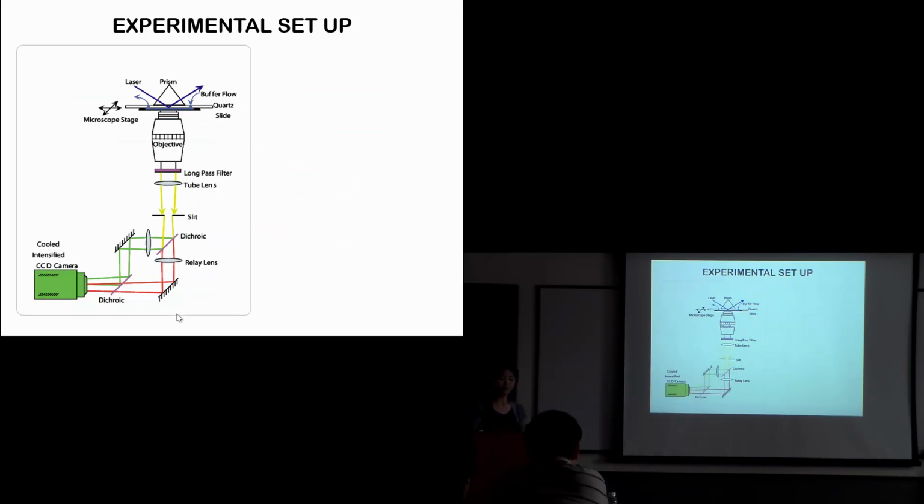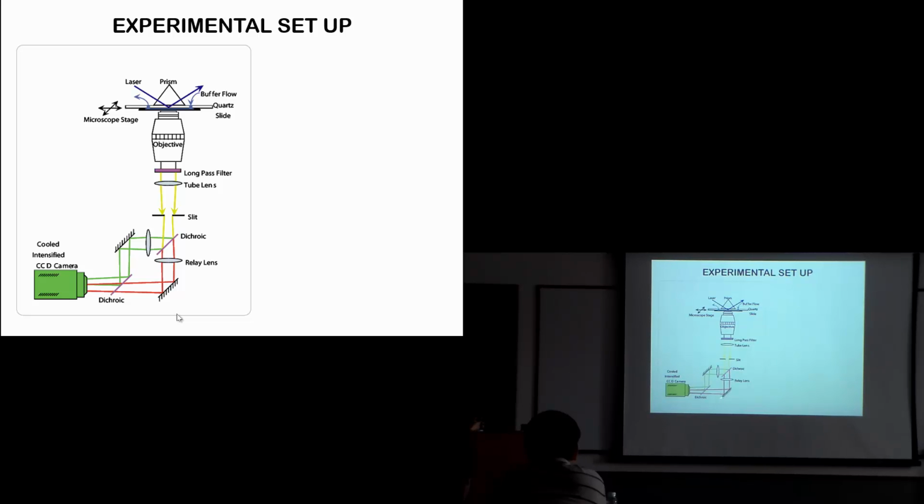Okay, so this is a simplified view of our experimental setup. Starting from here, we have that quartz slide with the samples lying on top or at the bottom. There's an incoming laser beam, outgoing laser beam through the prism. And this is where the evanescent field is created. The light is collected through the objectives, through the lenses and filters.